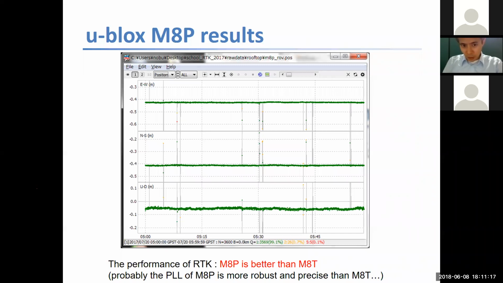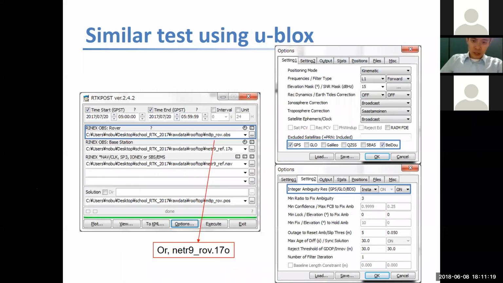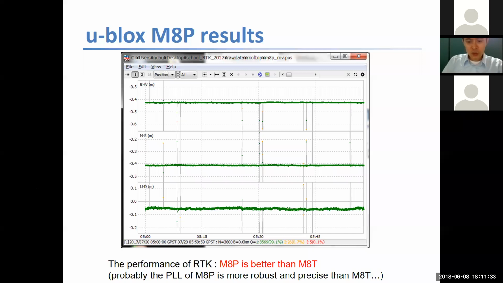However, here we set instantaneous mode. With instantaneous mode, you will know the real performance of receivers because it uses only a single epoch, not multiple epochs.